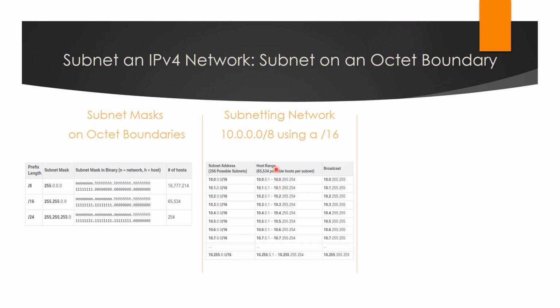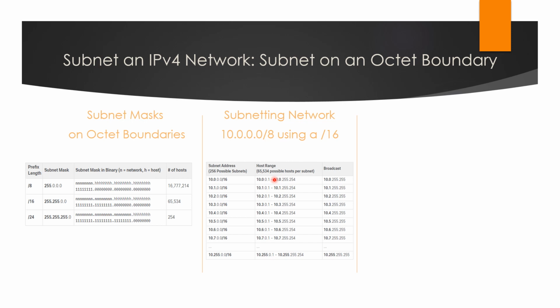And here in the second one, you can see the host range for each subnet and even the broadcast for each of those subnets. You can see that the first two octets identify the network portion of the address, whereas the last two octets are for the host IP address.